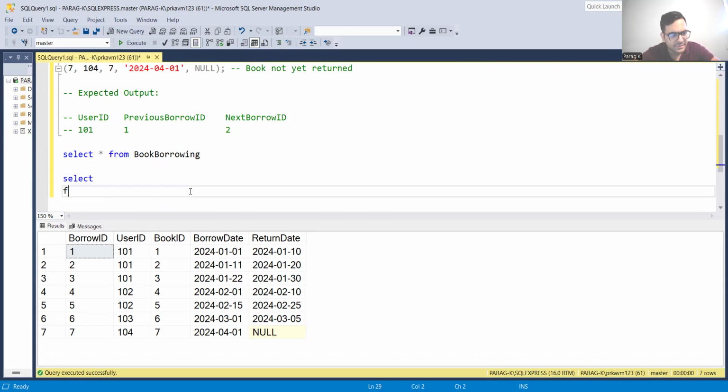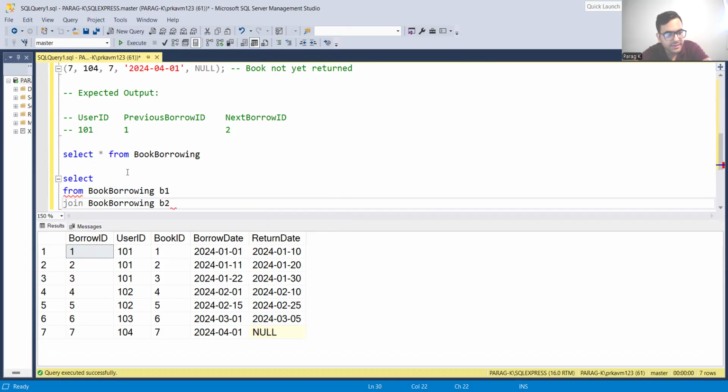Select, let me write, from book borrowing, and let's put another alias and then do a join with another book borrowing, B2. Yes, so this is what you're doing. And what is the format we're looking at? Something like this. B1, user ID. You want the user ID and you want the book ID, right?